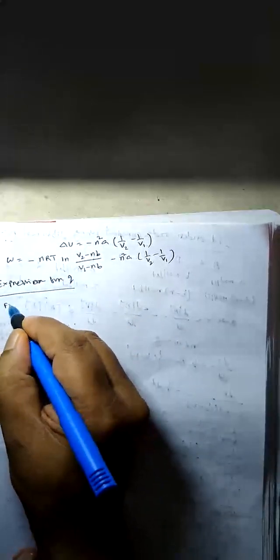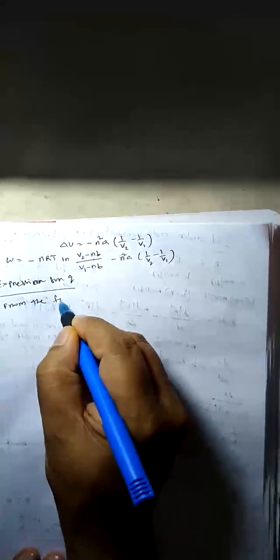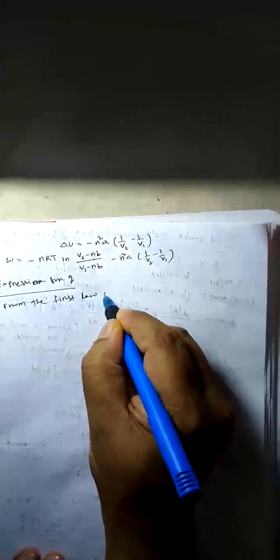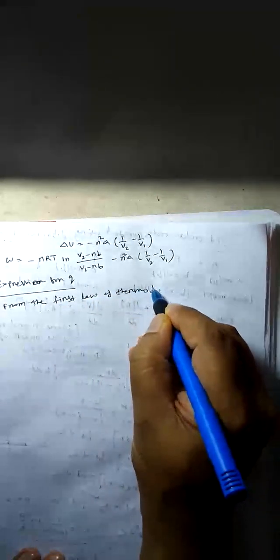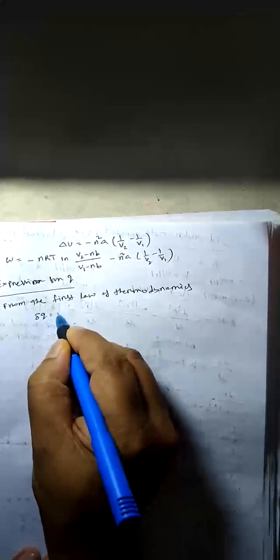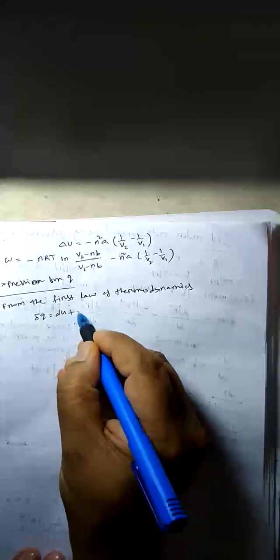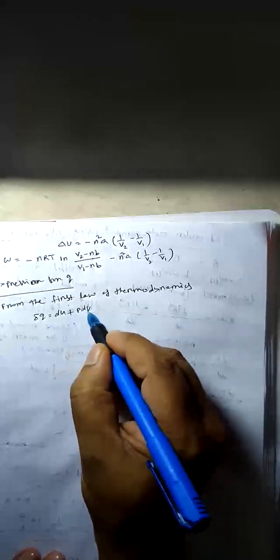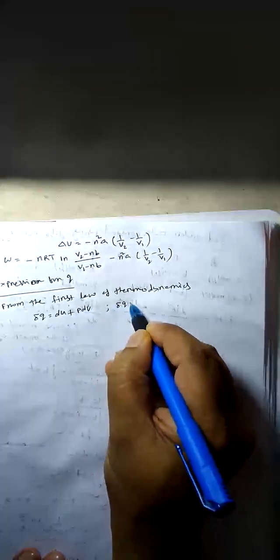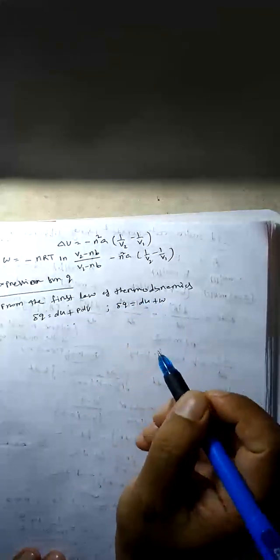From the first law of thermodynamics, it is known that dQ is equal to dU plus P dV, which is also called W. That means del Q is equal to dU plus W. Then take dU to one side, so del Q is equal to dU plus W.